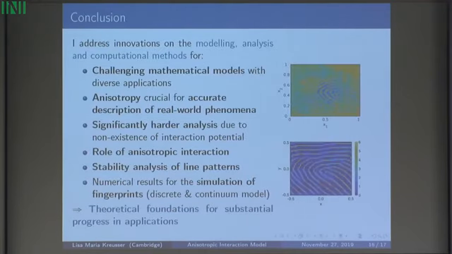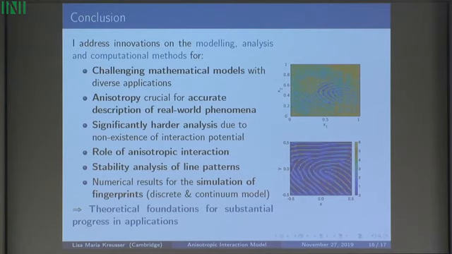So just to sum up, in my talk I tried to show you that in biology we can consider quite challenging mathematical models with quite different applications, and in particular in my talk, anisotropy has been very crucial, not only for describing real-world phenomena more accurately, but also for being able to produce any type of very complex patterns.